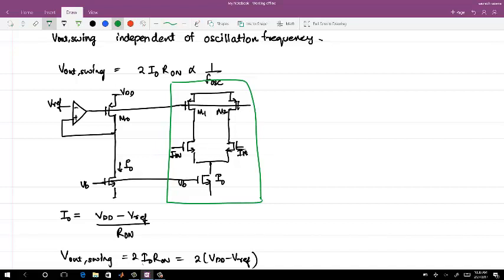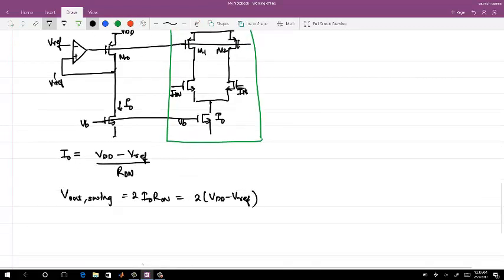Loop gain will not matter to the fact that if this is Vref, what is the difference between Vref and Vref dash in any practical case? So your loop gain will matter, and because you are using the transistor in triode, that will have a lower gain. Okay. So now your output swing is fixed, right? Now how do I change my oscillation frequency?